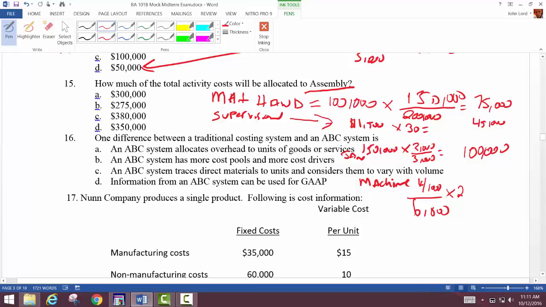Okay, so I take that 240,000, and that gives me what? 160,000? Right?